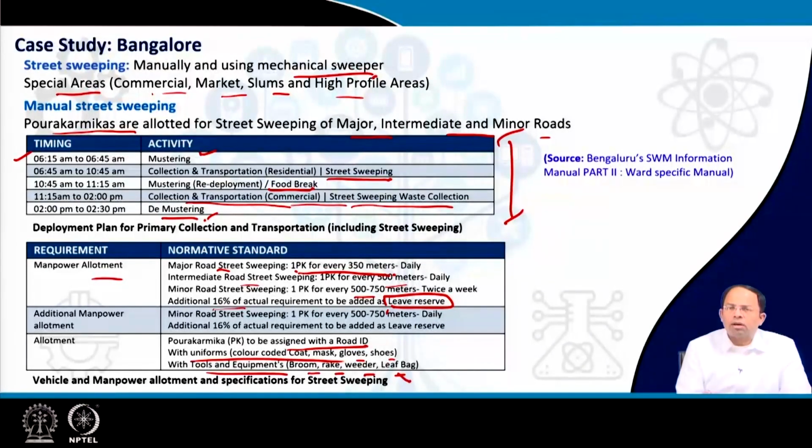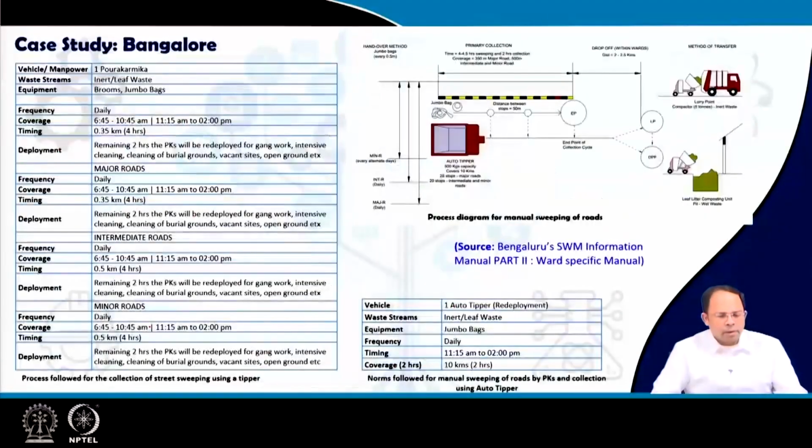A leaf bag is for storing leaves, and there are other bags for storing inert waste, maybe stored directly into the particular vehicle. Weeders are for cleaning weeds, brooms for lifting, and rakes for scraping. All these things are given to the workers.